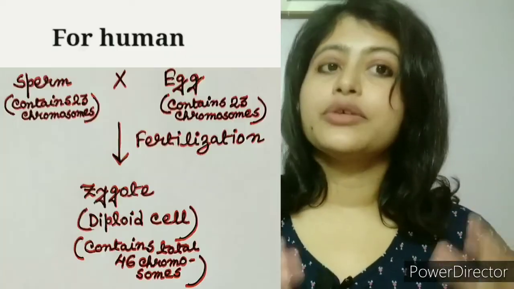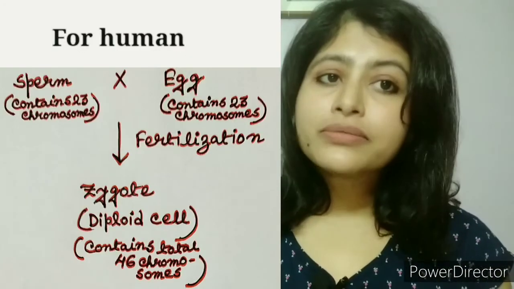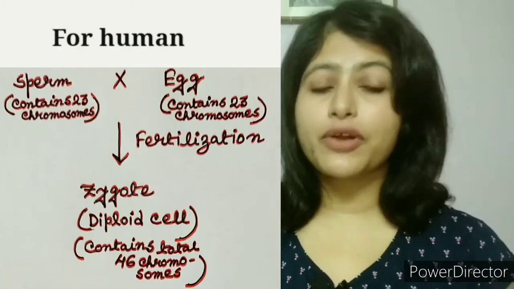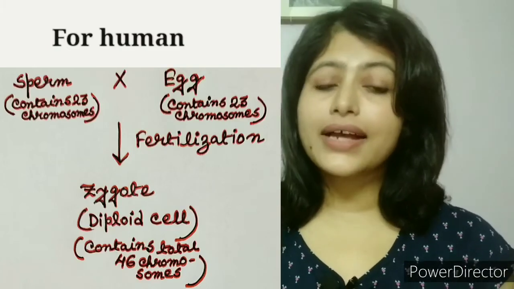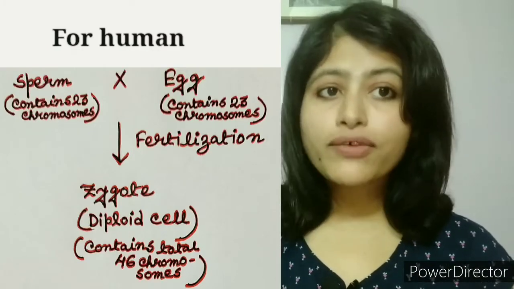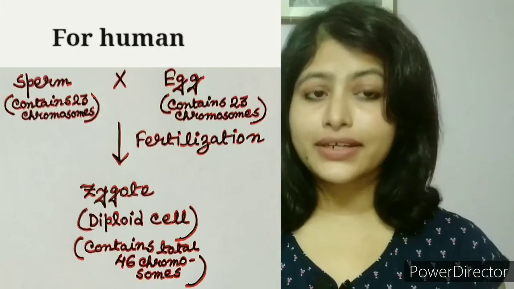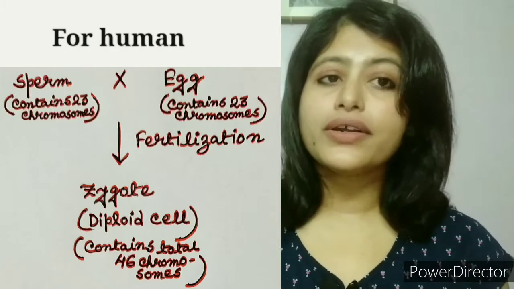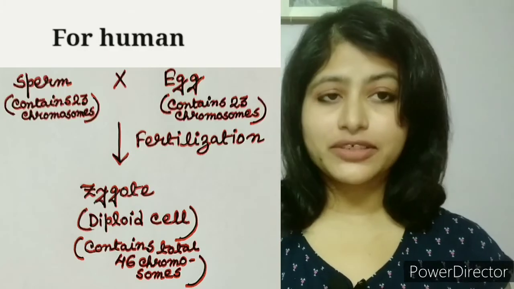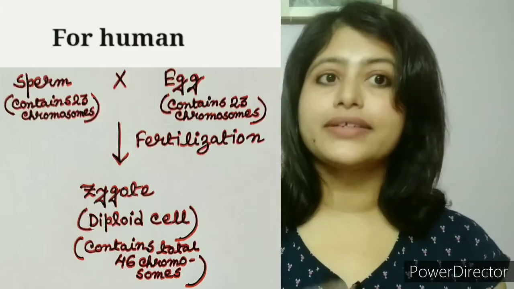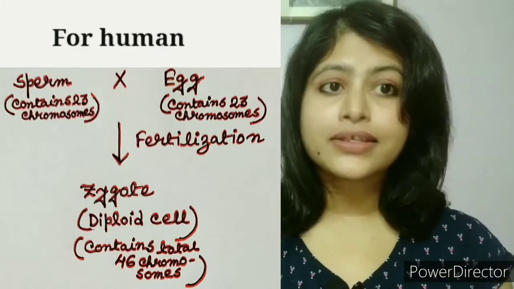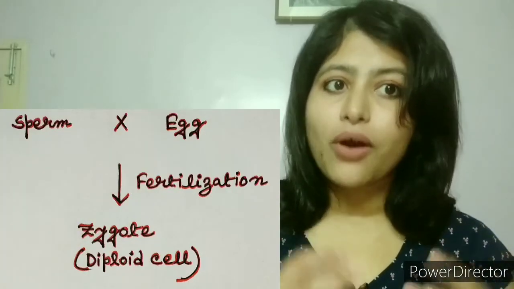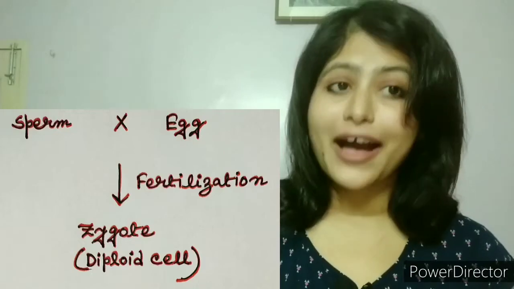The sperm cell, or gamete cell, that contains a total of 23 chromosomes comes from the father or the male, and another gamete cell, the ovum or egg cell, that also contains a total of 23 chromosomes comes from the mother or the female. These 2 gamete cells fuse to form a diploid cell that contains 46 chromosomes. This cell is called the diploid cell, and this is called the zygote.